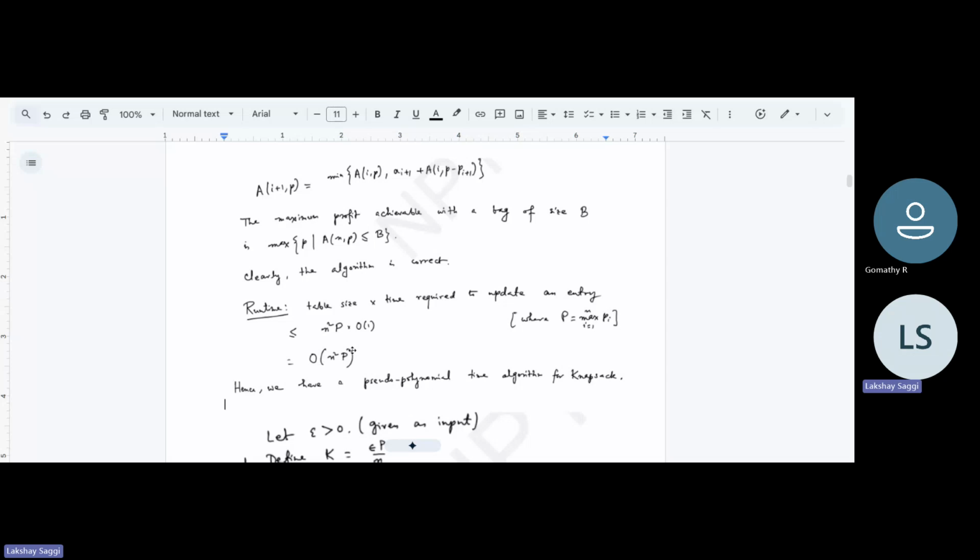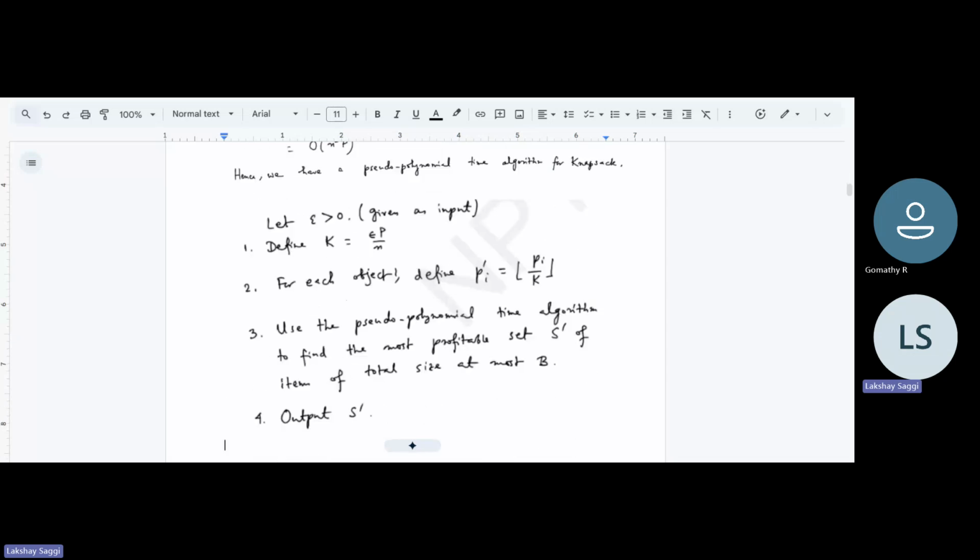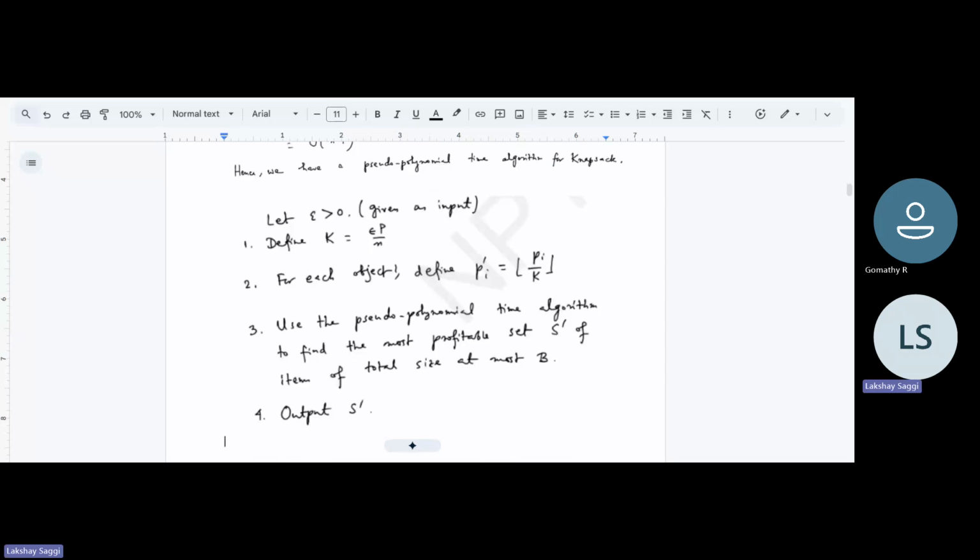What one can do is say that maybe I'm not exactly worried about exact values like 1 to p as the prices, but we are fine with bucketing these prices into small buckets, and those buckets are entirely up to us. So I can bucket all the items which have a price between 0 and p by 2 in one bucket, and all the items which have price from p by 2 to p in a second bucket.